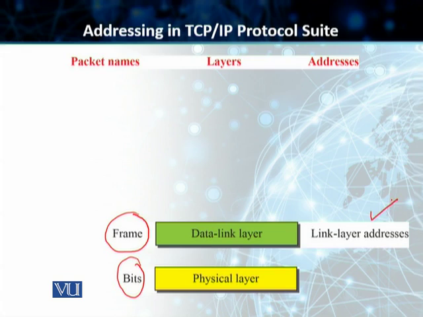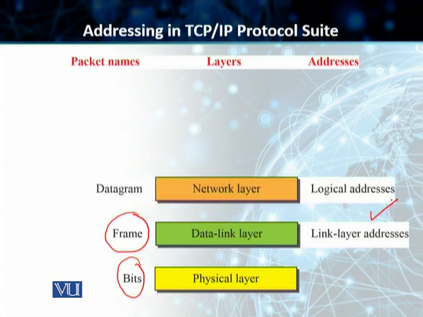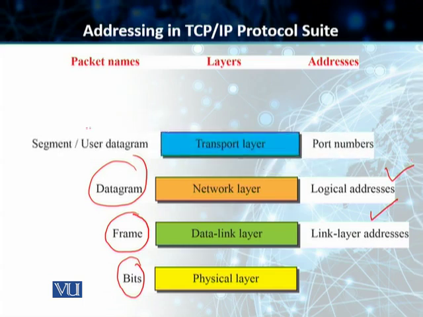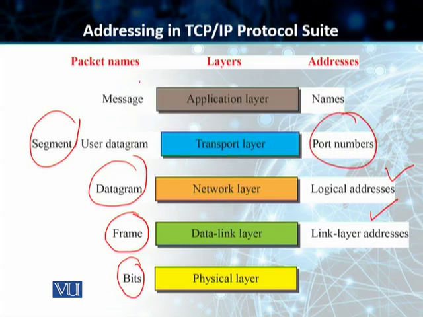Then you have the network layer, with the datagram and the logical addresses. Then we have the transport layer, where we call it a segment, and we have the port numbers. And last but not least, we have a message at the application layer, and names are what we call the addresses that we use. For example, for an email, you have the name at the rate of whatever the server is.